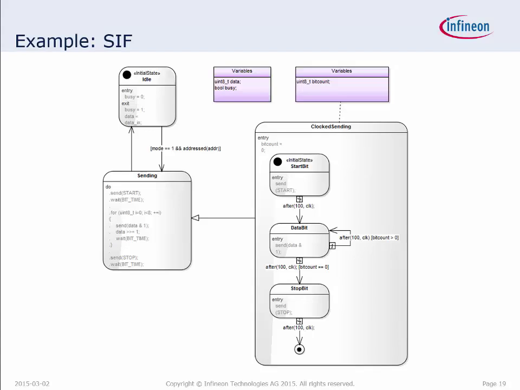And now you want to define, with a refinement, your clocked sending, not just the sending. That means you inherit from this state, and then you have here if the start bit is there, if the data bit is there, the stop bit is there, and then you leave it again. And in the clocked mode, this composite state is exactly at this position instead of the transaction level one.